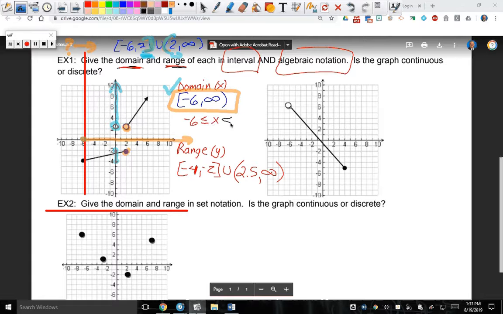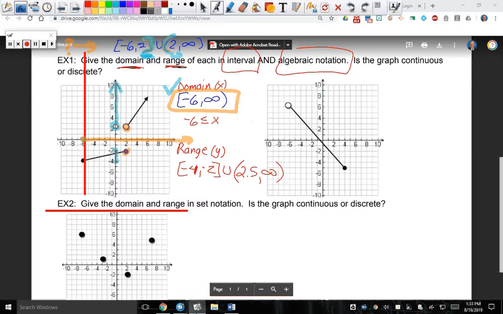Less than infinity. So she is correct. It should be less than or equal to. That's how you have a bracket with -6. She's also correct that you could write less than infinity because you'll never touch it. But right here on this less than infinity, you don't need it. And please don't write it. I want you just to write this right here.